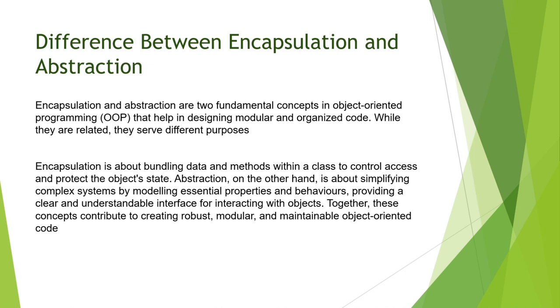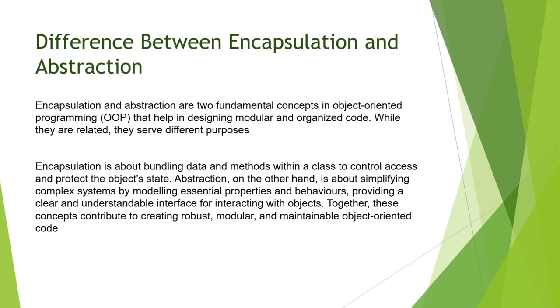The complex system is hidden from you. You do not know what ingredients are used, what oil is being used, how they are cooking it, who the chef is. You don't care about all these things. So it makes things much simpler for you as a client or user, right? You can use that system without worrying about the hidden complexity. So this is called abstraction.